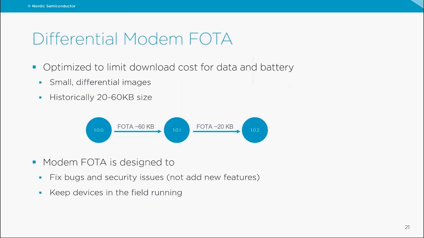And the modem FOTA is really designed to fix bugs and security issues, and for a differential update, it's not designed to add new features or upgrade from one branch to another. So this is really to keep the devices in the field running stably with the same feature set.